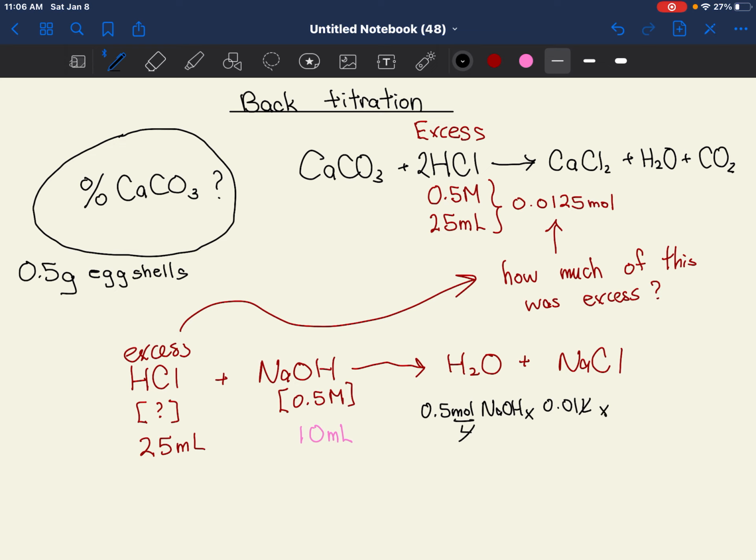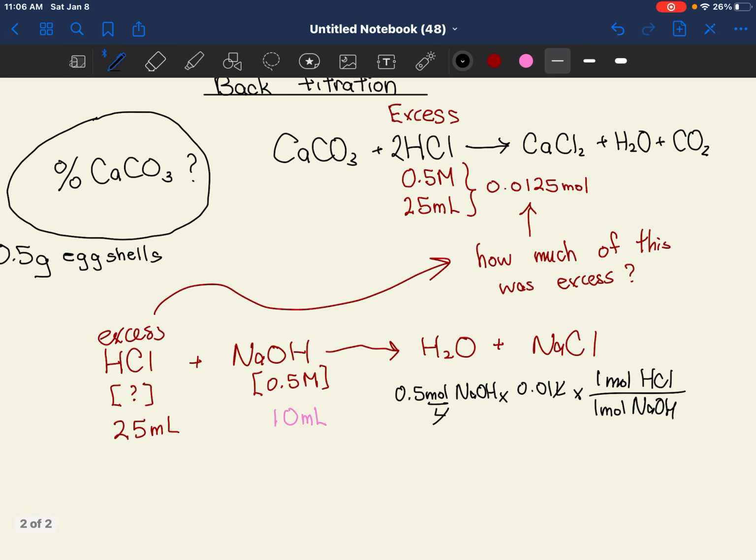Okay, we all know that 1 mole of NaOH is equivalent to 1 mole of HCl. So the moles of HCl is therefore 0.005 mole of HCl.